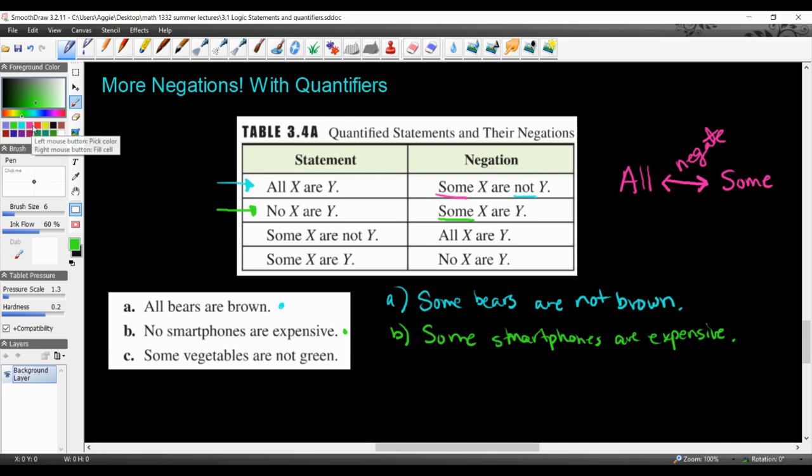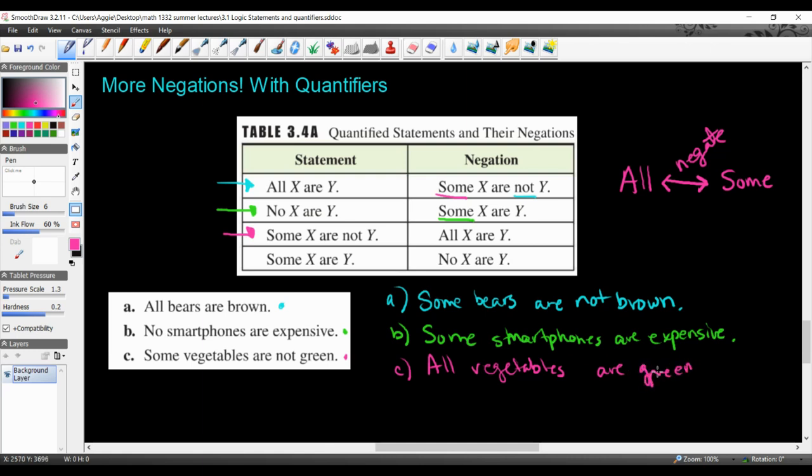And finally, some vegetables are not green. That would be the third one right here. The opposite of this one, the negation, is going to be that all vegetables are green. Is that true or false?